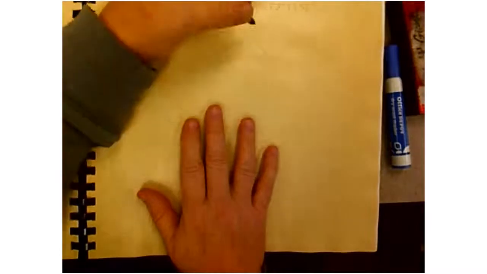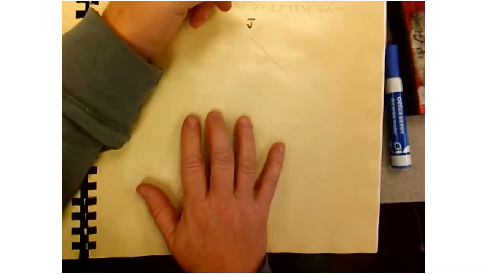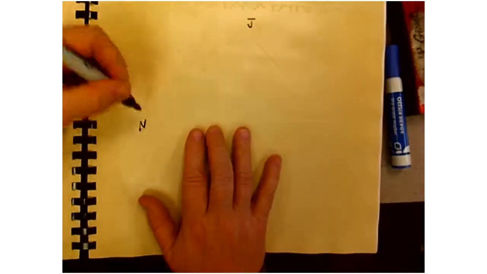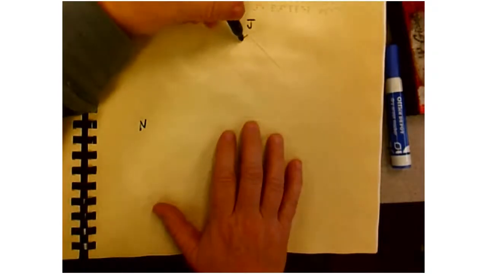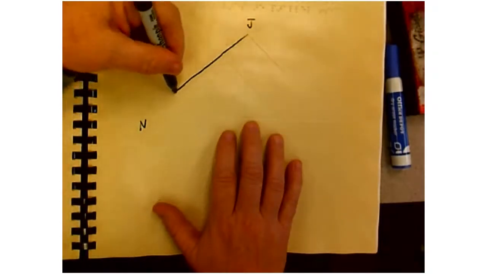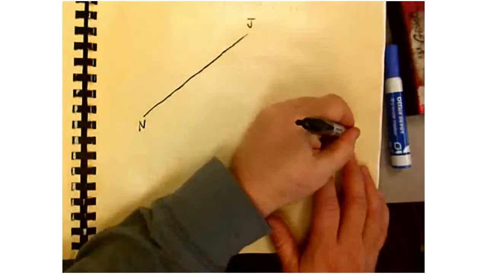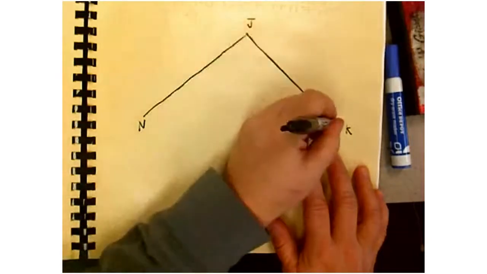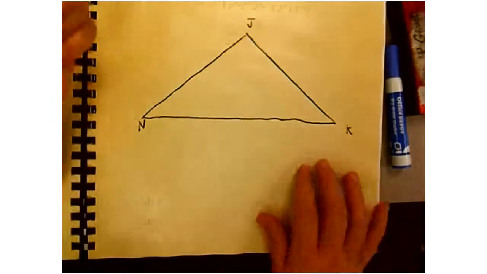And so you have a figure, a triangle where J is the top vertex and N is the very bottom left. So you have a big outside triangle, J, N in the bottom left, and then K is the very bottom right. And so that's the outside of your triangle when you bring all those points together.